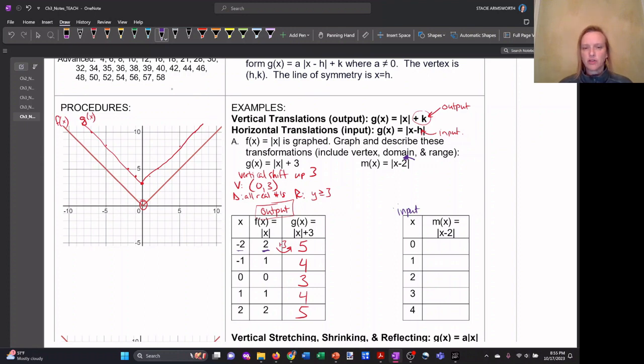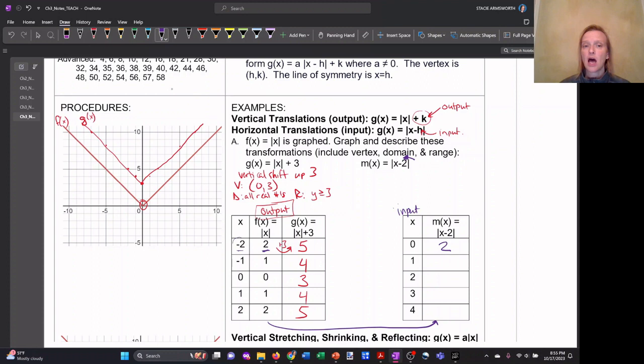Just like we did with linear functions in the last video, I've carefully chosen my x values here so that when I evaluate it, I will get the same output values that I did before. So for instance, when x is 0, I subtract 2 is negative 2, and then I take the absolute value and I get positive 2, just like I did for the original f of x function.